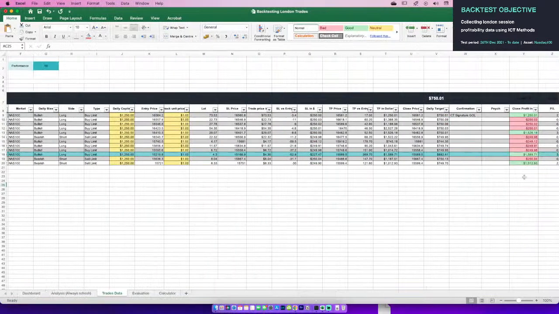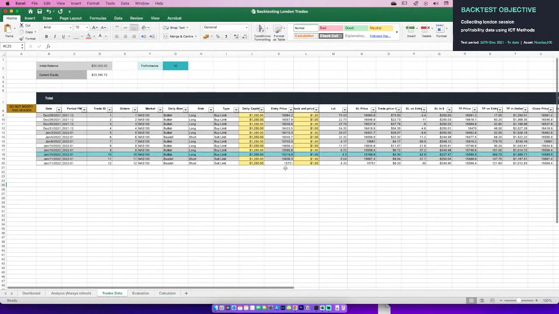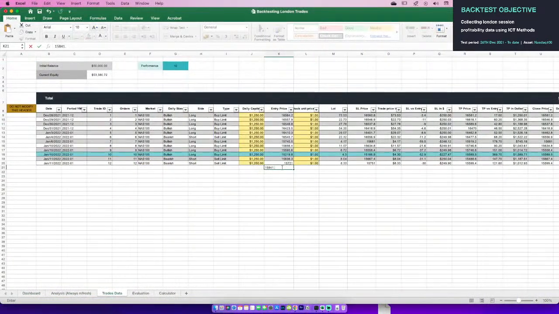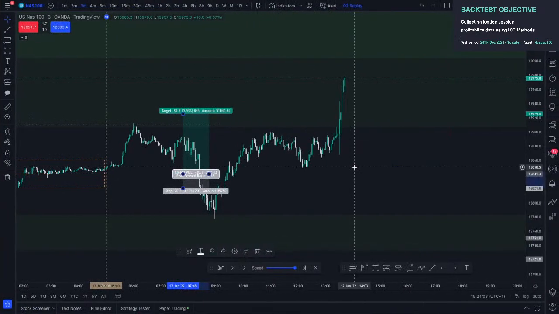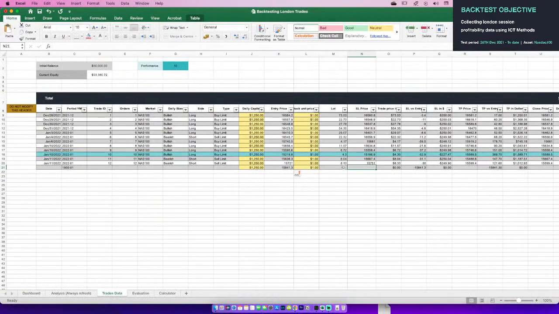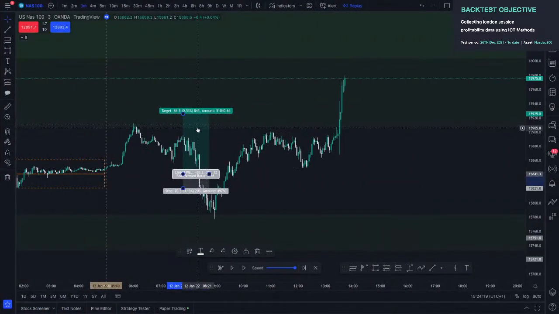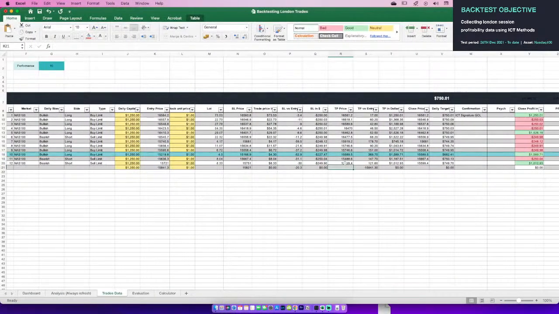So, 15,841.3 entry. Stop loss is 15,821.0. The take profit was 15,925.